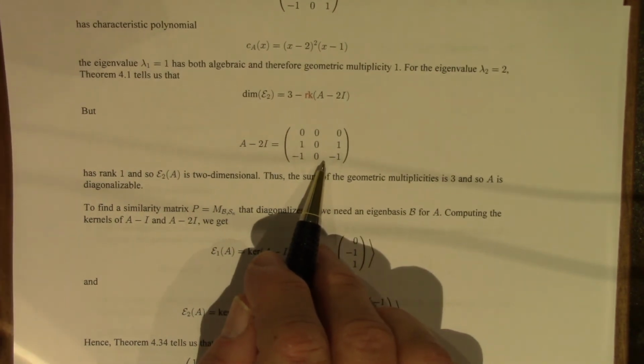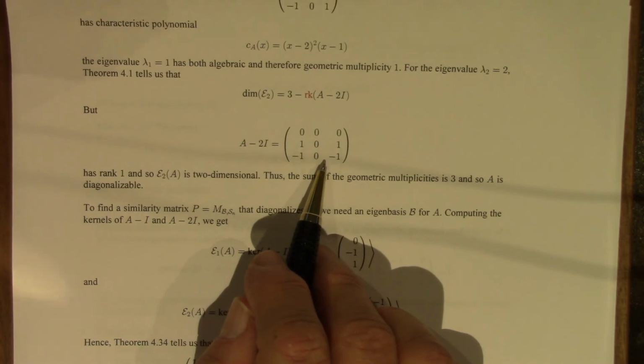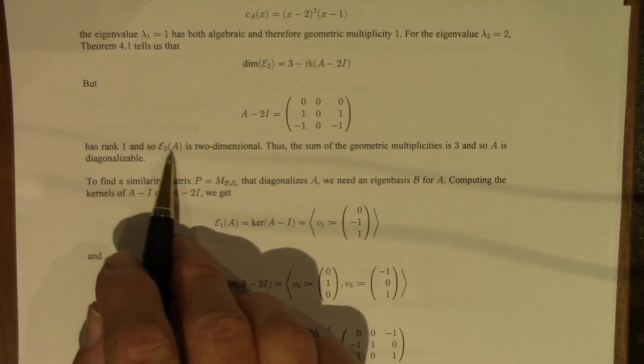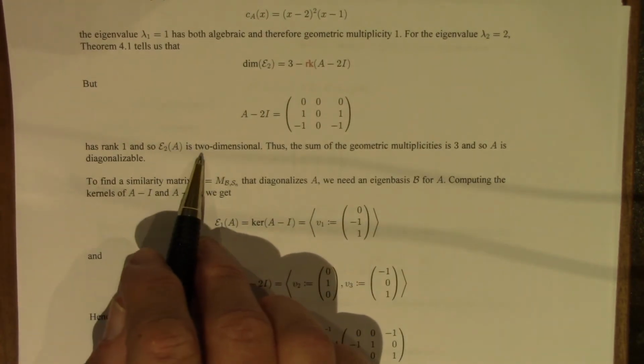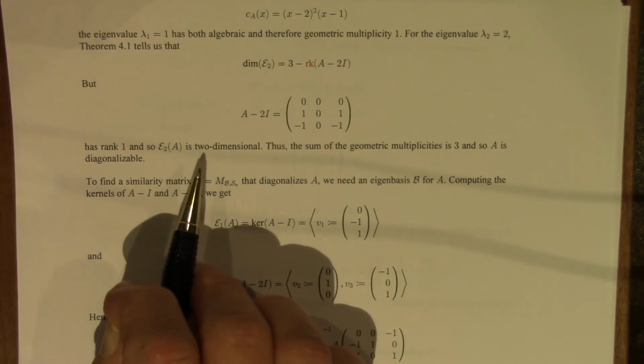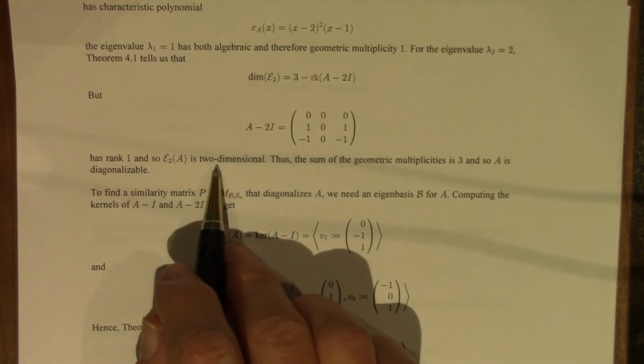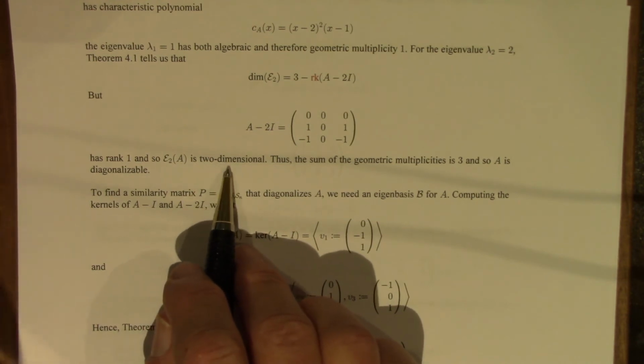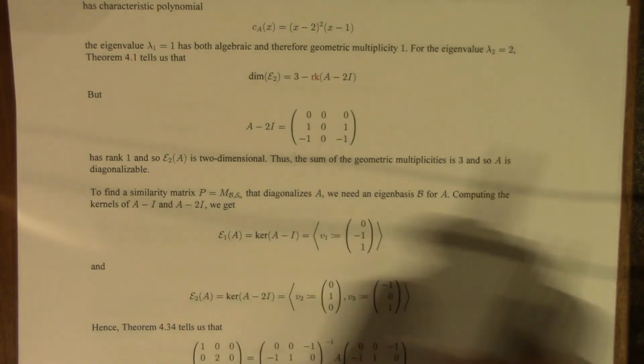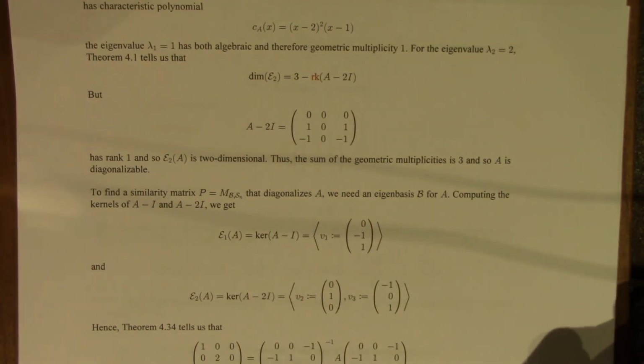It has rank 1. And so the eigenspace is two-dimensional. Therefore, the geometric multiplicity is equal to the algebraic multiplicity too. So both of these eigenvalues are non-defective.